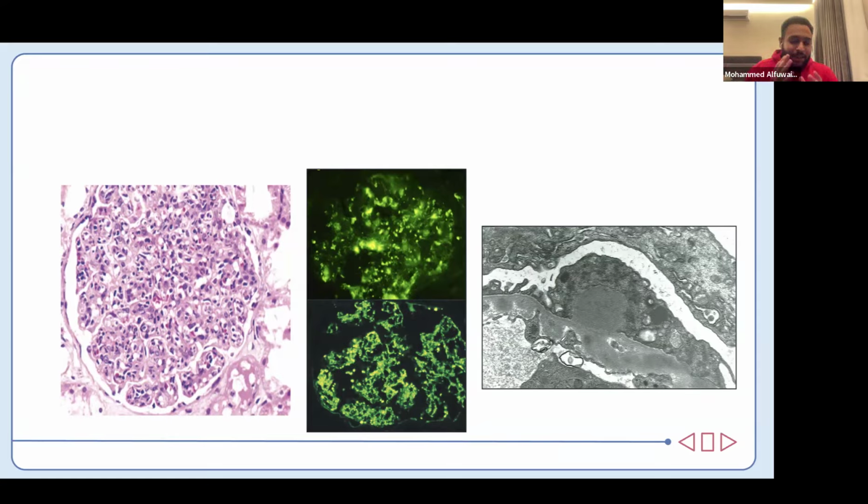Perfect. Now, when you are suspecting a patient with post-streptococcal glomerulonephritis or post-infection, what antibodies do you want to order in the blood? ASO, anti-streptolysin O, and you have another one, anti-DNase B, sorry. Good.